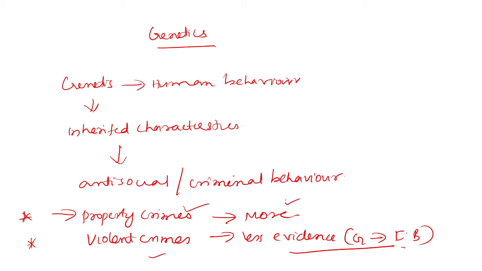So for example, we can say a genotype that confers a low level of the enzyme monoamine oxidase. So one enzyme called monoamine oxidase.